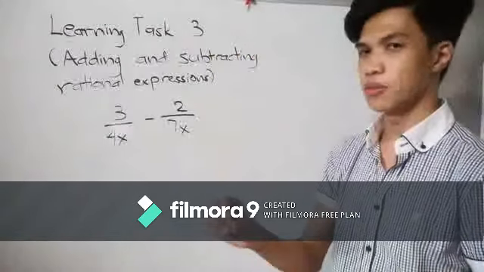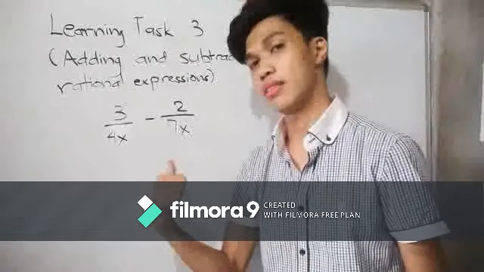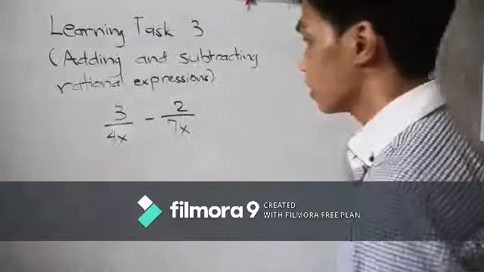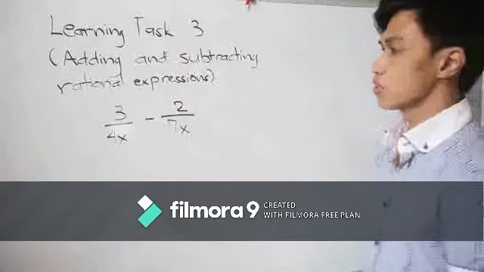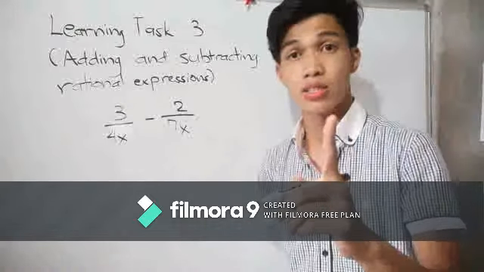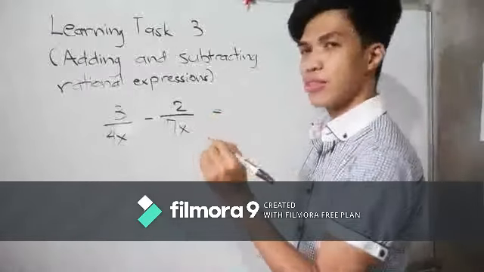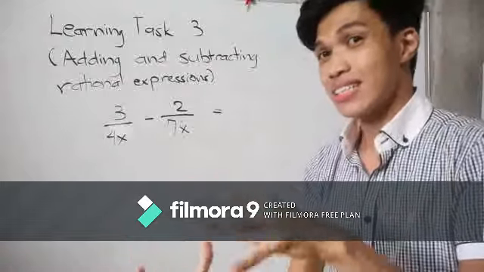Okay, after I discuss that basic principle, let's do this first example for learning task number 3. Let's have this one: 3 over 4x minus 2 over 7x. Let's answer that using the principle that I discussed earlier. Again, as I showed, we just need to multiply the denominators.